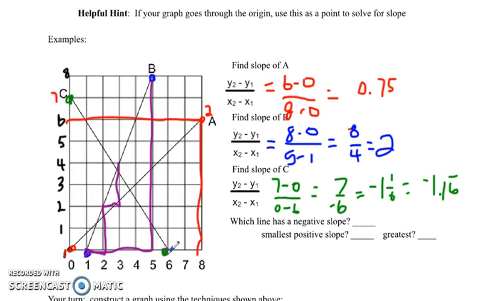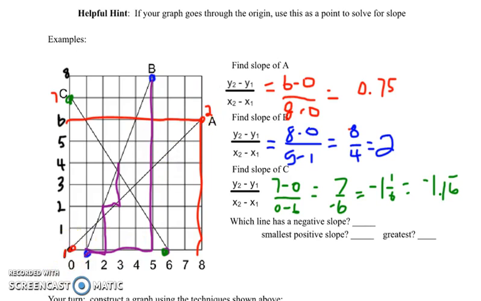So if you do the math, you end up with 7 over -6, which is -1 and 1/6, which is -1.16 repeated. So notice that this is a negative slope. If it ever looks like this, that's a negative slope. If it ever looks like this, it is a positive slope, all right?